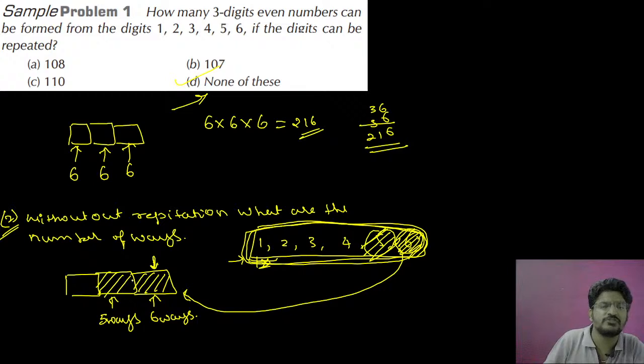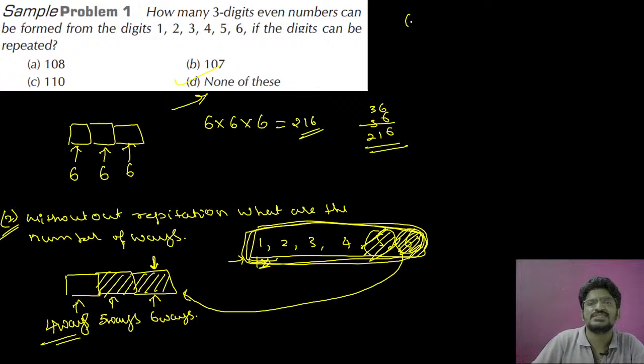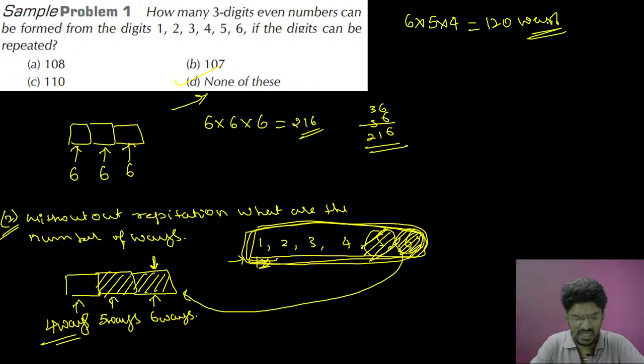So this box is filled. Now how many ways for the last box? You got only 4 ways. That means 6 into 5 into 4, that is 120 ways. The answer is 120 ways.